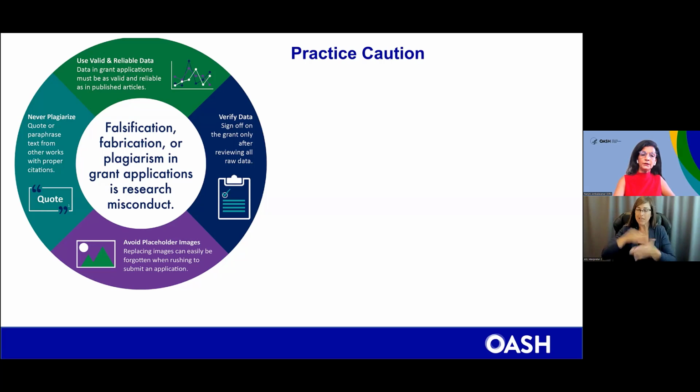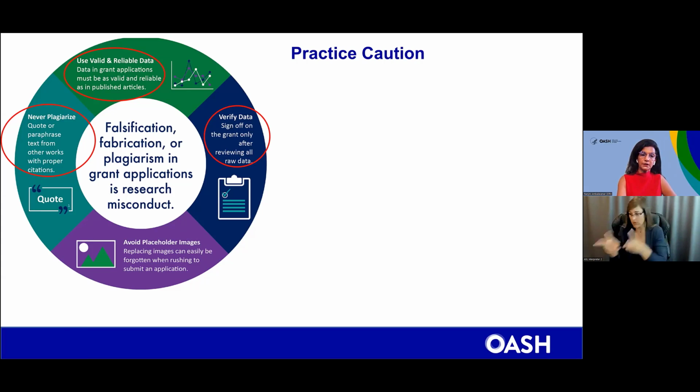For example, use valid data. Don't use data that you are not sure about and manipulate. And verify data that someone gives you for accuracy by checking the raw data. And don't plagiarize. If you are using some text from somebody, cite it, and that way it's not plagiarism.